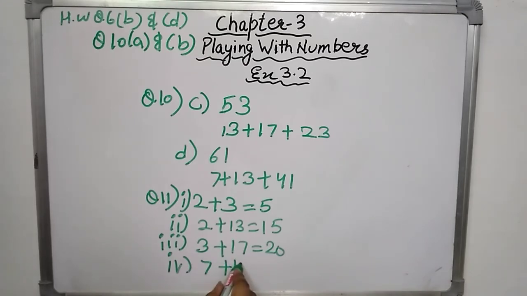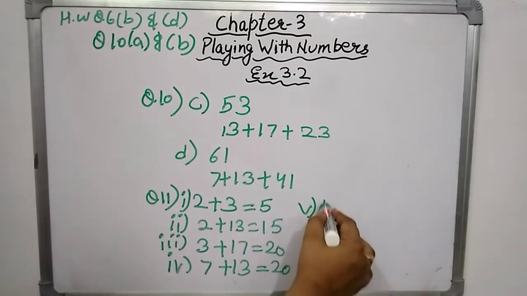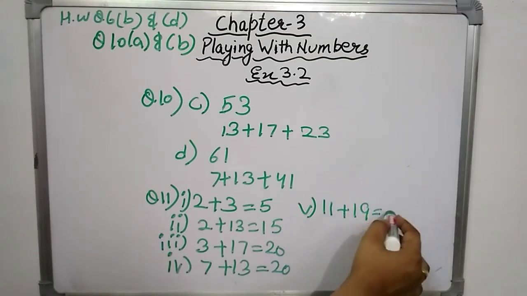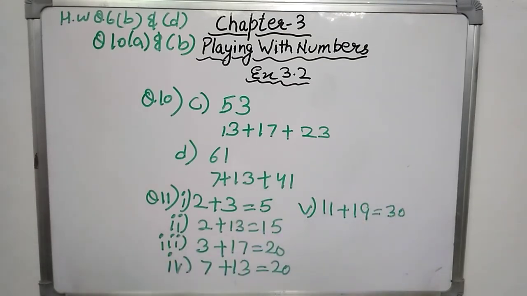Now if we add 7 plus 13, it again gives 20, and 20 is divisible by 5. Next pair could be 11 plus 19. This is 30 and 30 is divisible by 5.